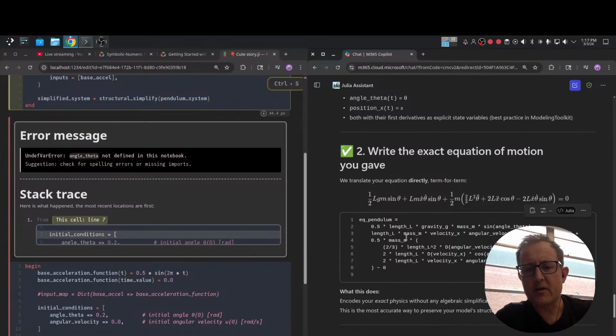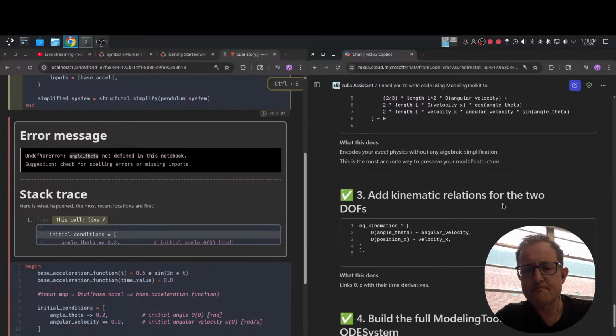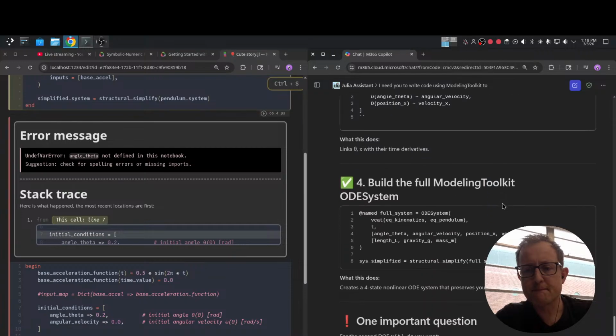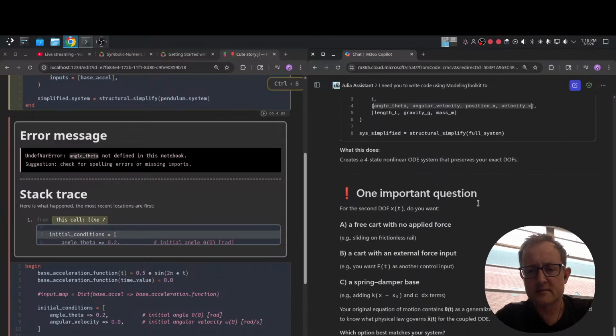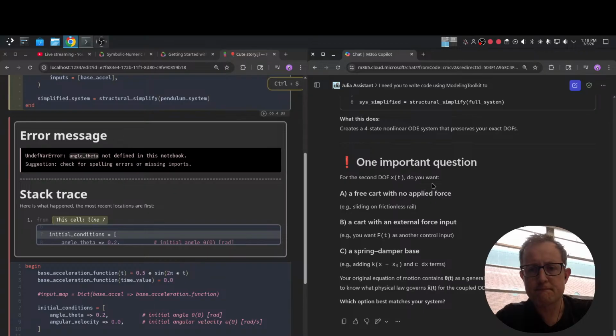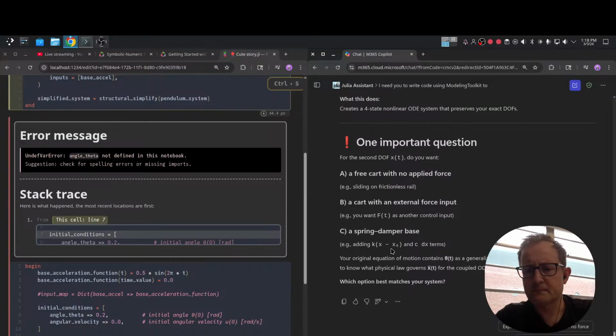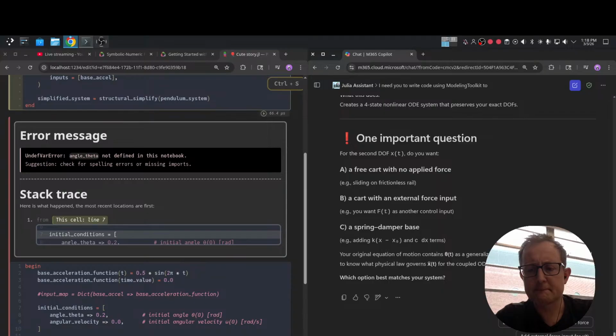Alright, so now it's actually creating an equation, a pendulum equation, and full system. So this is what I had wanted. I wanted a theta and a theta dot, x and a vx. Why is it recreating my damper base?